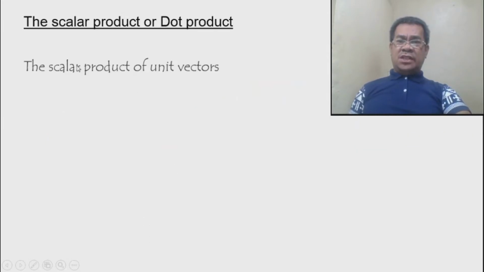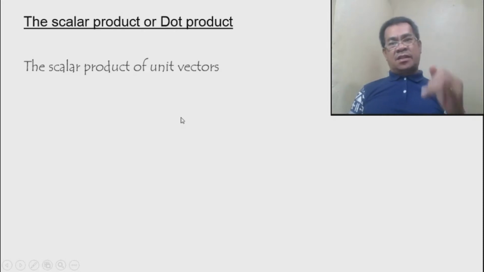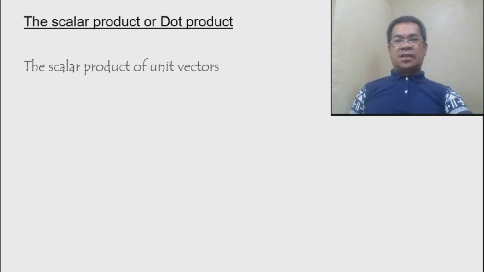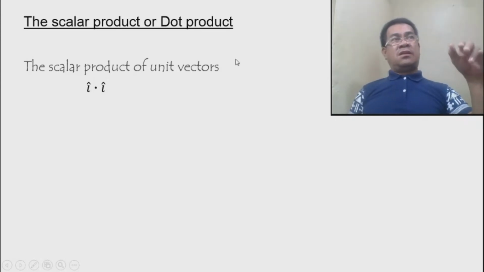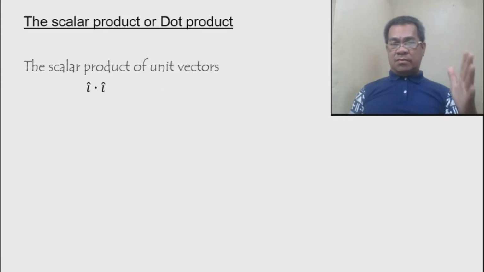Okay, now what are the scalar products of the unit vectors? Remember the unit vectors i hat, j hat, and k hat. What is i dot i? If you're asked what is i dot i, then you have to use the formula. Remember, A dot B is the magnitude of A, the magnitude of B, then cosine of the angle between them.